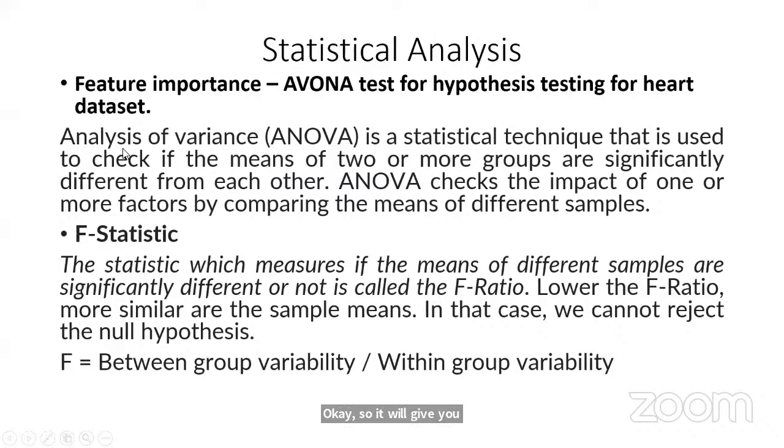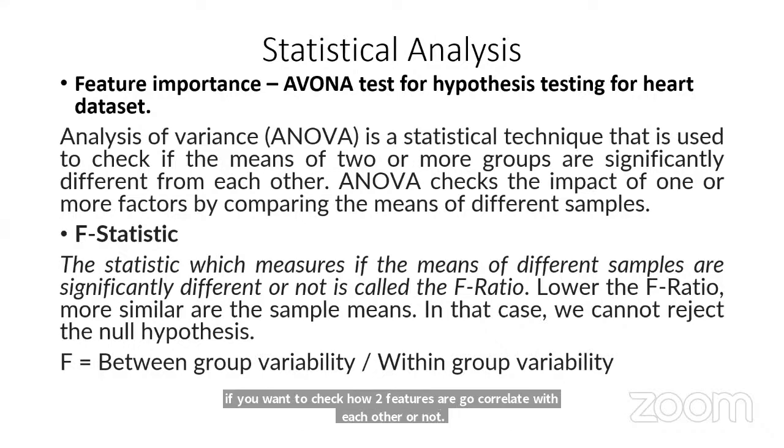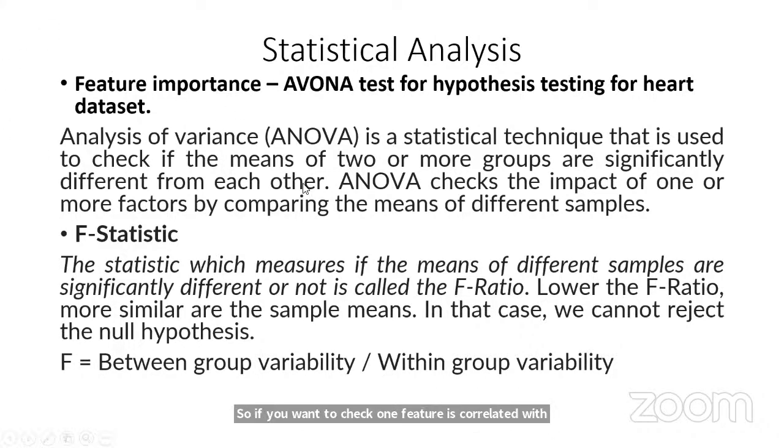It gives you the analysis of variance. It is a statistical technique, also known as a machine learning technique, used to check if the means, meaning the averages, of two or more groups are significantly different from each other. If you want to check whether one feature is correlated with another feature, you can perform the ANOVA test.